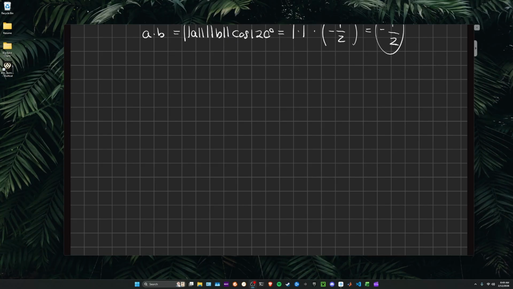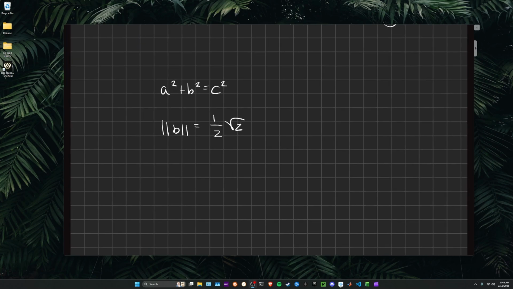Just think of that segment of that square as a triangle and use Pythagoras' theorem to get that. So this would mean that the length of B is 1/2 of root 2, or root 2 over 2. Okay, and this diagonal makes a 45 degree angle with each direction.